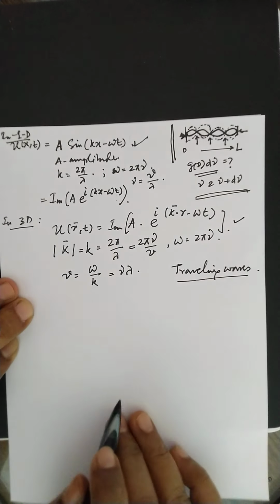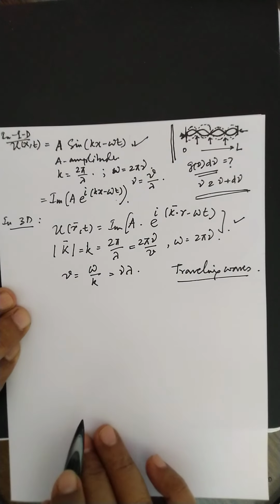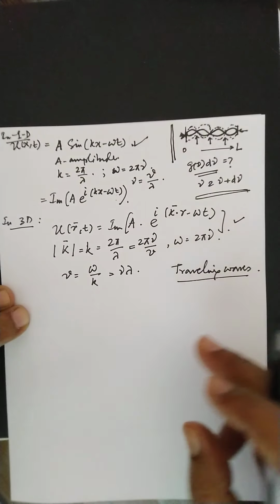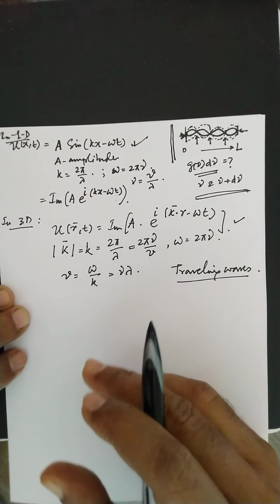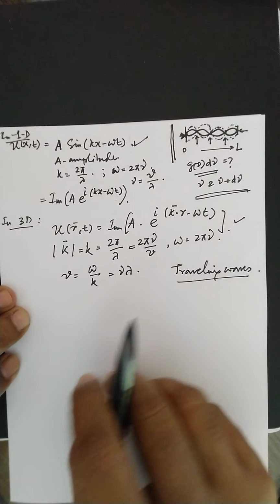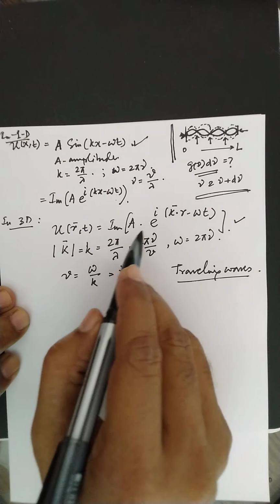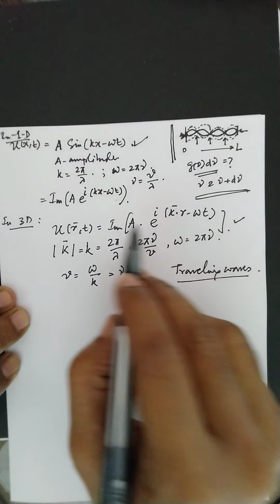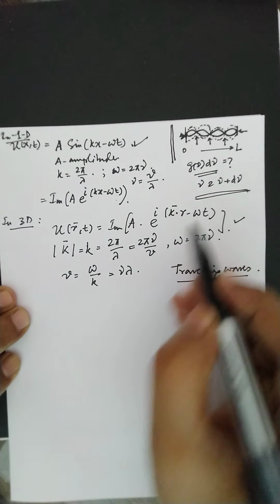Now how is a standing wave represented? When two traveling waves approach each other, the superposition of two oppositely moving traveling waves leads to the standing wave. This one is the forward moving wave, and the backward moving wave will have plus omega t here.